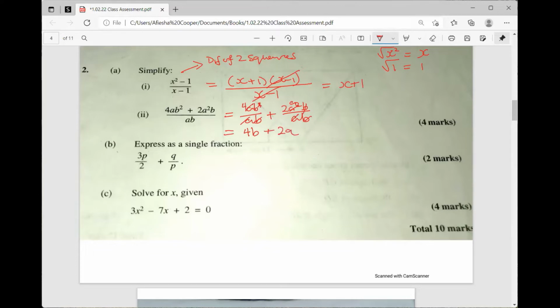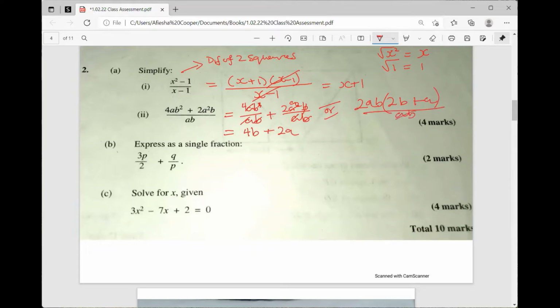Nice and simple, simplify. Or I could do the same thing like I did on top, factorize using regular factorization. For me to factorize this, I could take out 2, I can take out a, I can take out b, and I'll remain with 2b plus a, all over ab.